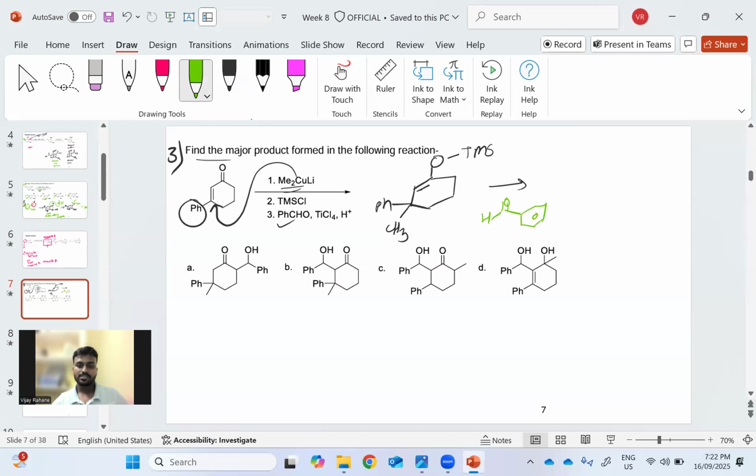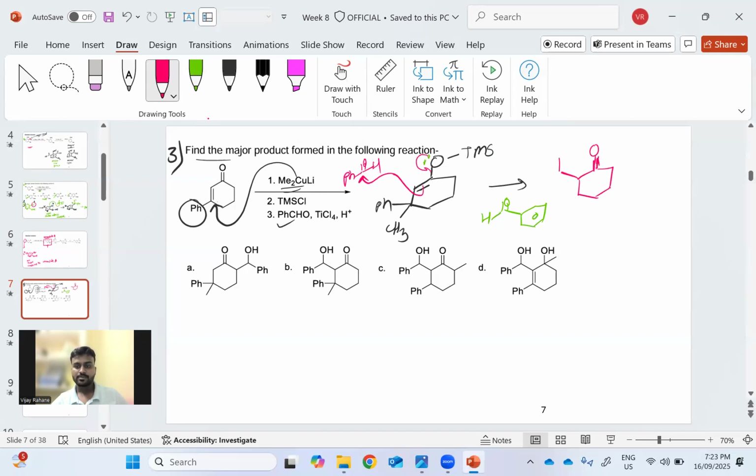So once this complex forms, the lone pair on the oxygen goes down, and through this it attacks on this PhCHO double bond. So it attacks here. So what product forms upon this? We get this keto back.